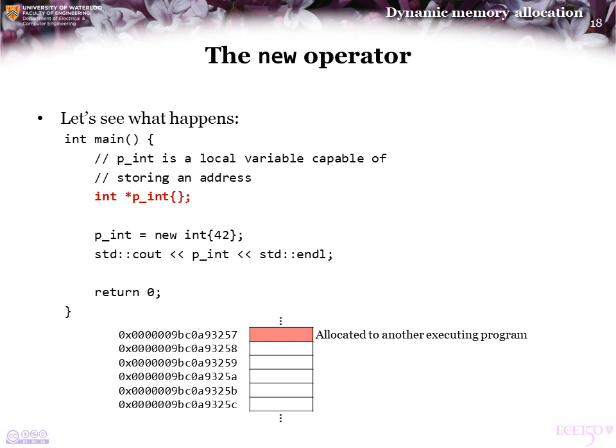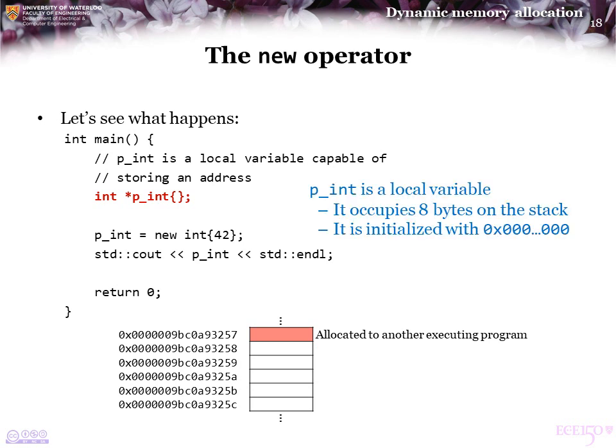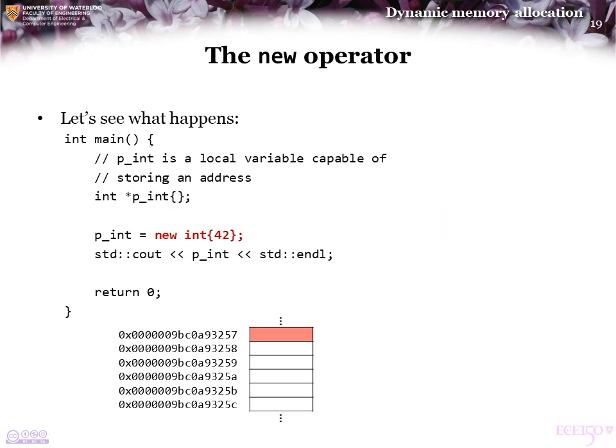So let's see what happens here. First, we've declared p_int to be a local variable. The memory for its 8 bytes is allocated on the stack, and it is initialized with the default value of an address. That is all zeros. Now we call new.